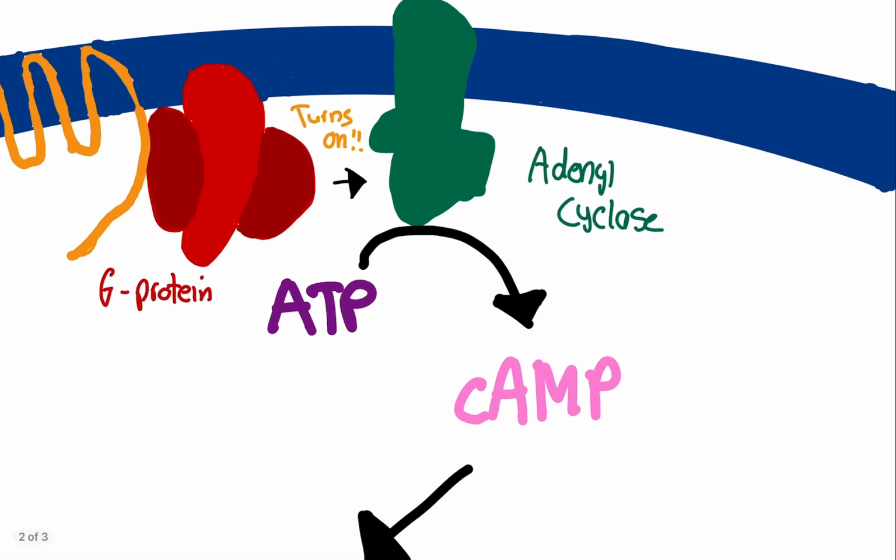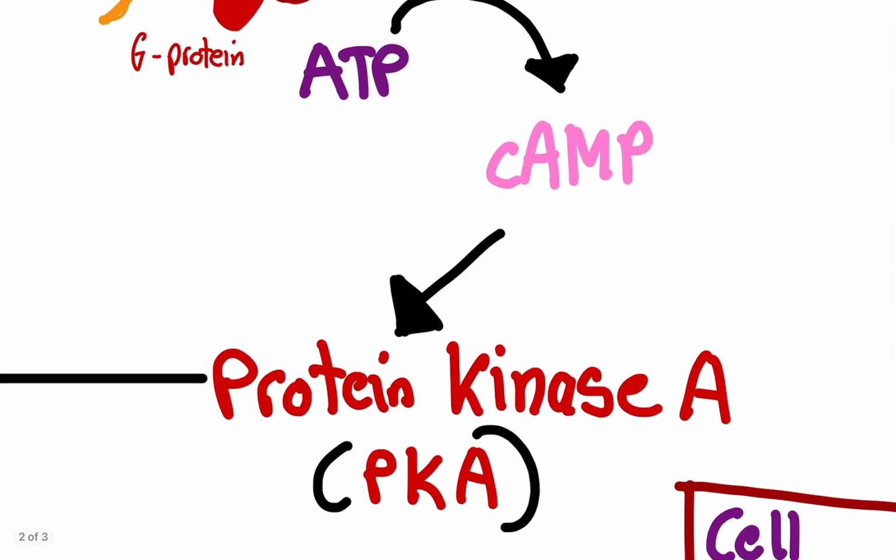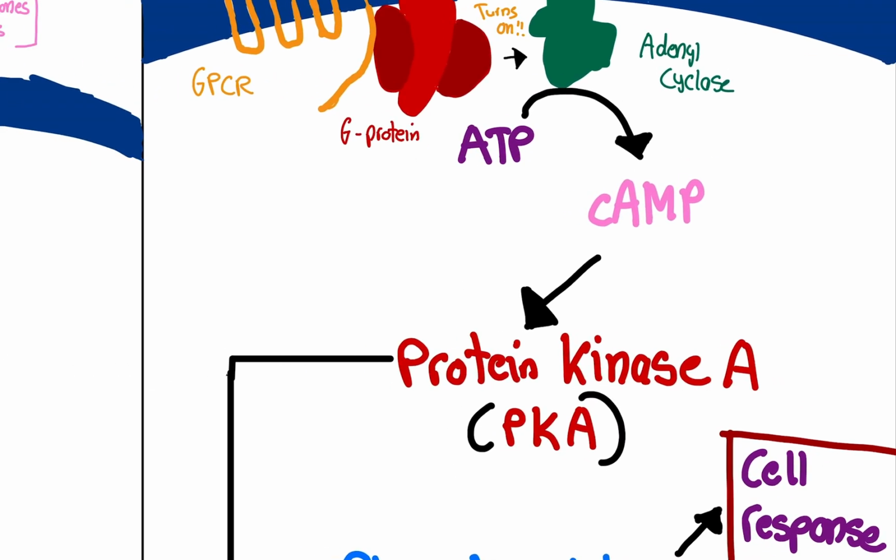The cAMP turns on something called protein kinase A, or PKA for short. What does this mean? If you ever see the word kinase, this means phosphorylate something.